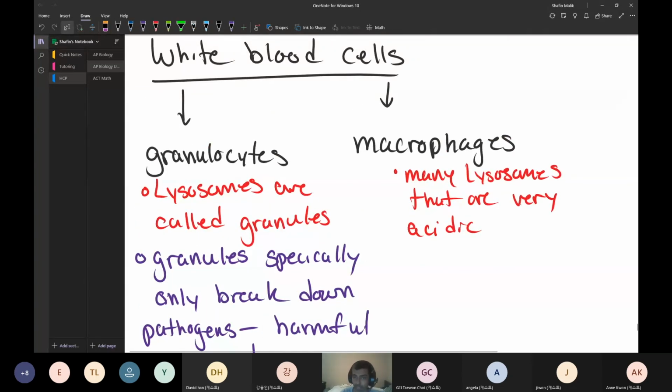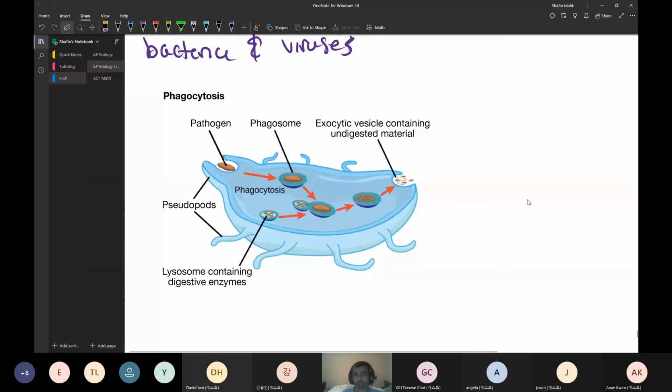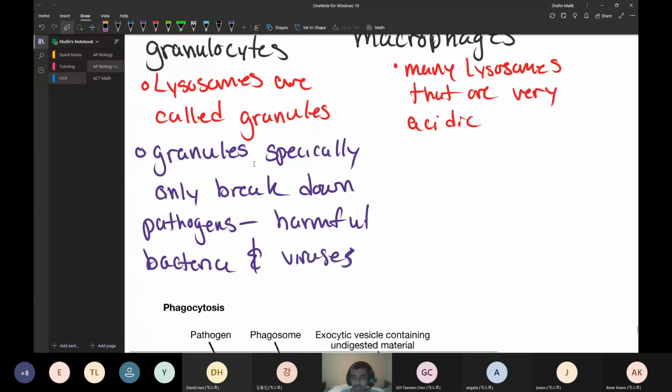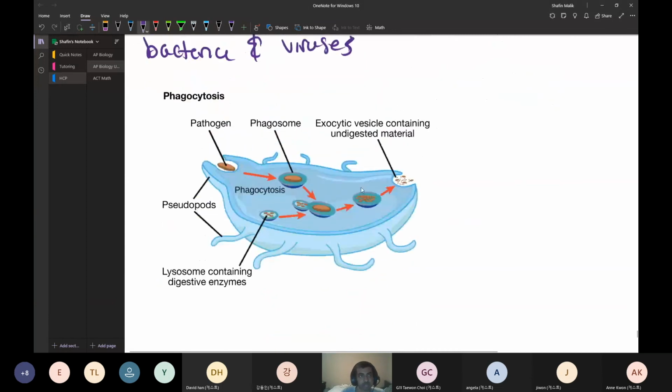It's showing a macrophage, but what happens in the granulocyte is almost the same thing, so it's a pretty good representation. What this picture is representing is a macrophage type of white blood cell. And what will happen is that this pathogen, just pretend this is a bacteria or virus.